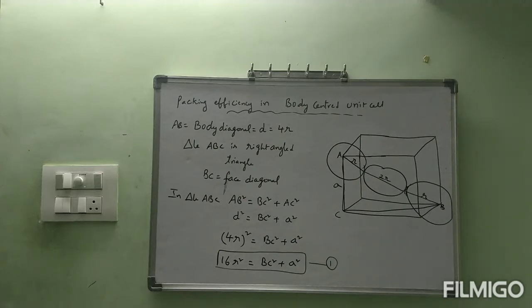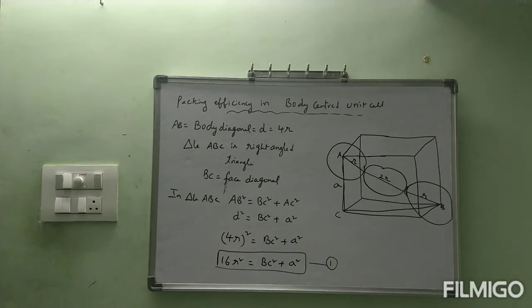In triangle ABC, what is the hypotenuse? The biggest side, that is AB. So hypotenuse square is equal to side square plus side square. AB square is equal to BC square plus AC square. AC is the edge length of the cube, that is small a, which we know.